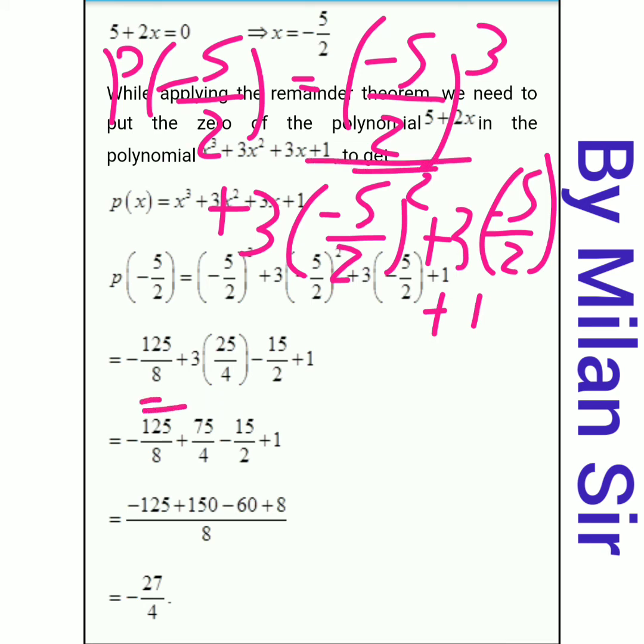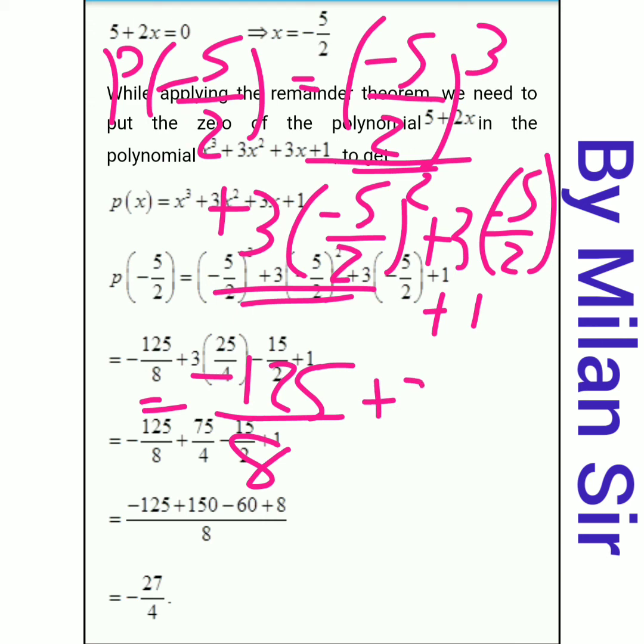Now first term. Minus 5 cube. It is minus 125, in denominator 2 cube, it is 8. 5 cube means 5 multiplied by 5 multiplied by 5, 3 times, right? Then here plus 3 as it is. Minus 5 square is plus 25, right? Because minus becomes positive if we do the square.